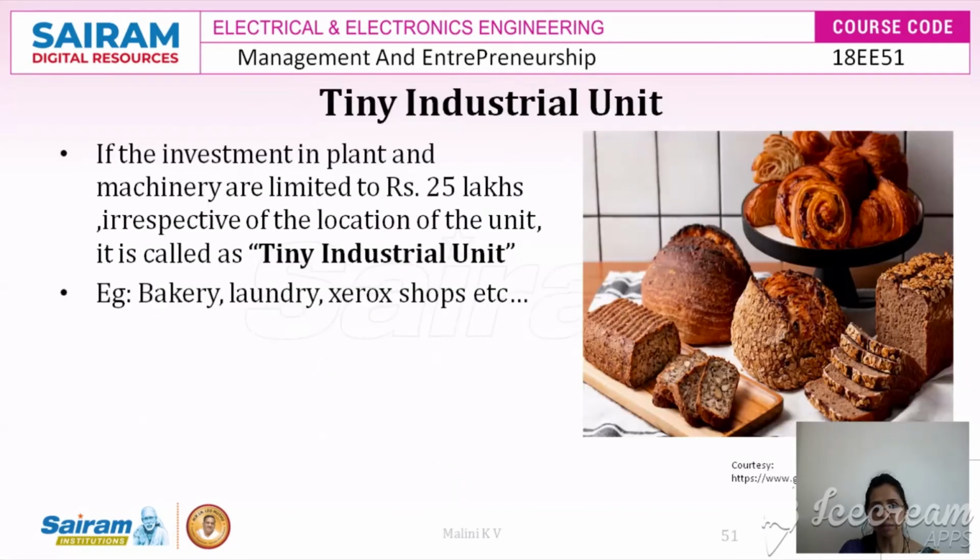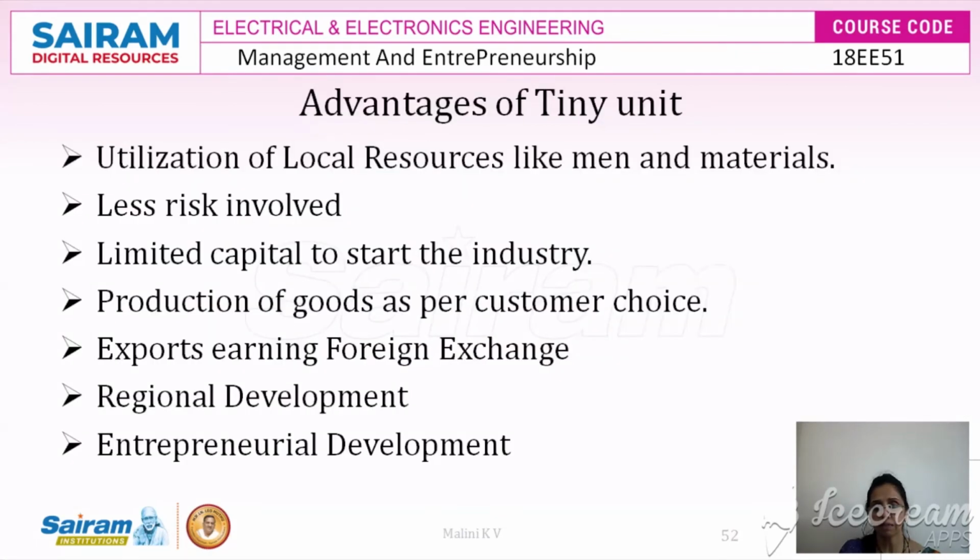Before that, we will see whether the advantages of the tiny units are passed on to the ancillary units also. Yes, the advantage of the ancillary unit is that a big unit or large industry can give components to an outsourced partner, wherein the risk involved in production in the large unit itself is reduced, and it is going to develop ancillary units around the large unit.